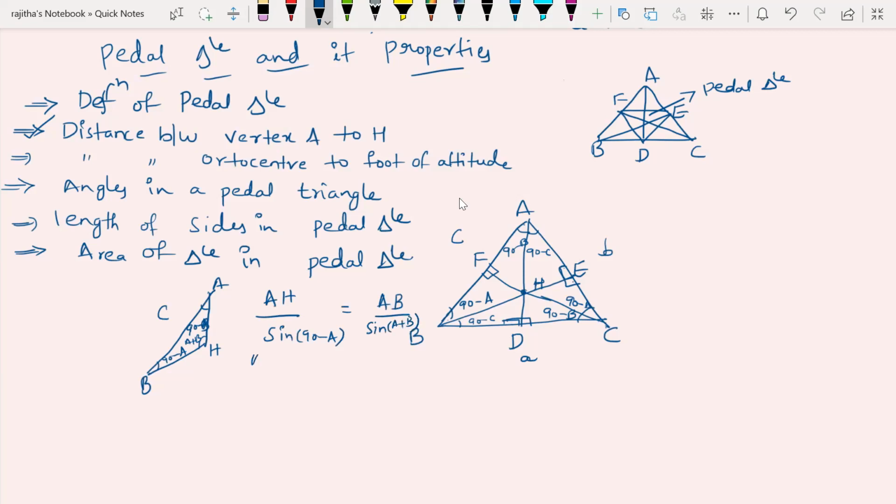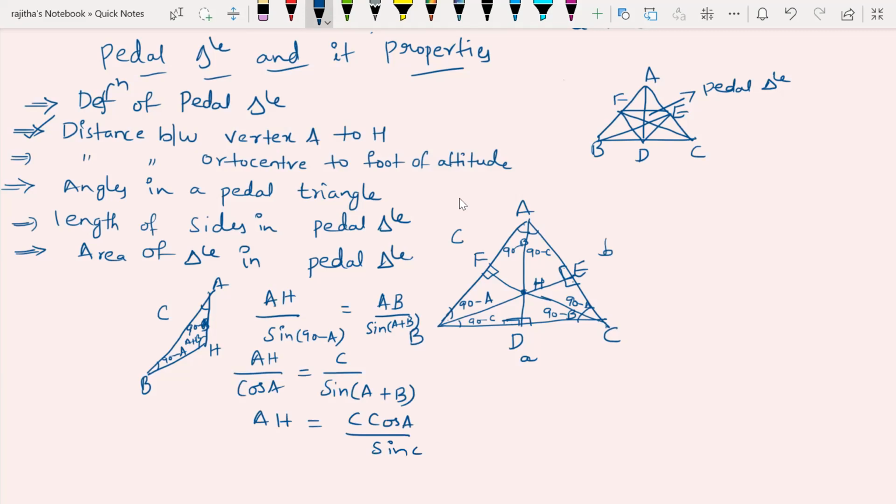AH by cos B is equal to AB by sine A plus B. AB is nothing but side c. So in place of AB, write small c units by sine A plus B. AH is equal to c cos B by sine A plus B, and sine A plus B is nothing but sine C. Why?